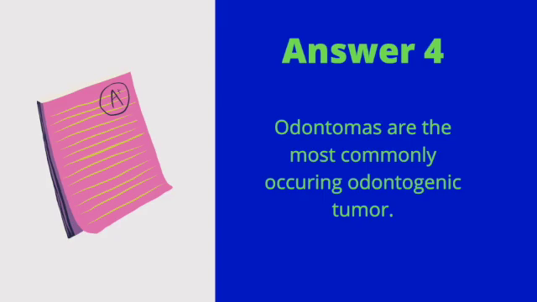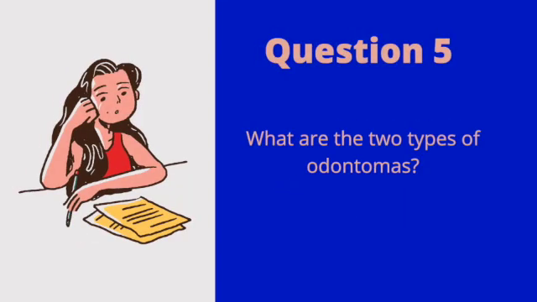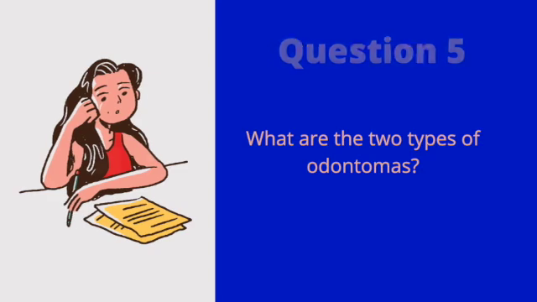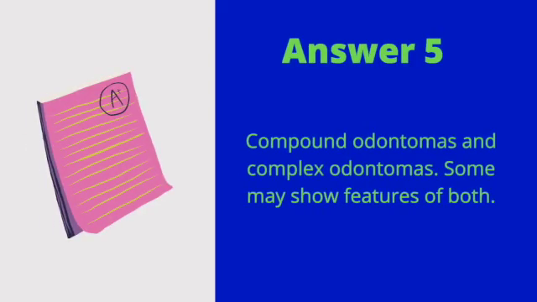Odontomas are the most commonly occurring odontogenic tumor. Question 5. What are the two types of odontomas? Compound odontomas and complex odontomas. Some may show features of both.